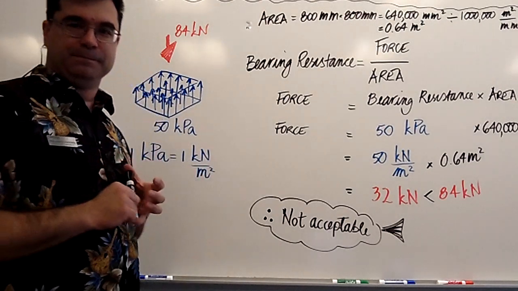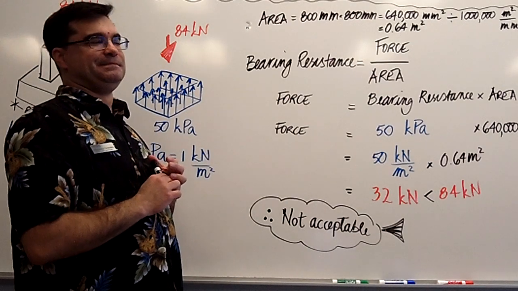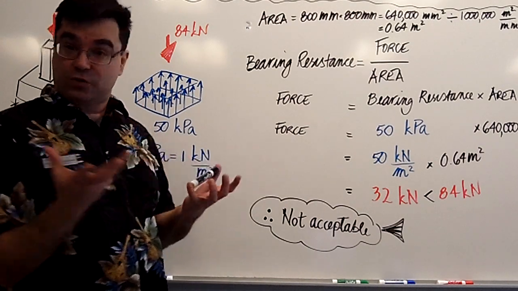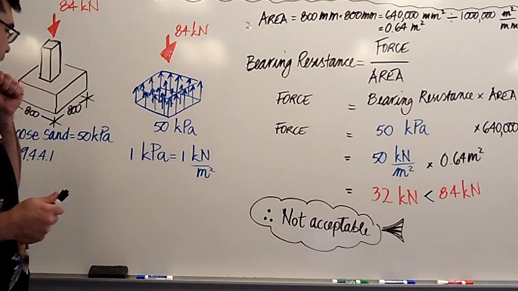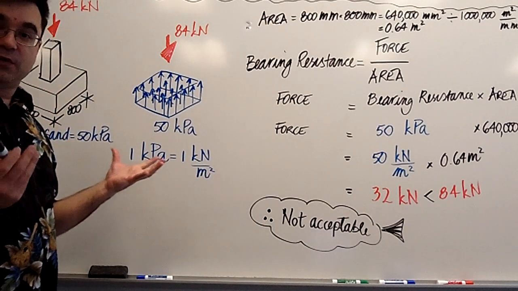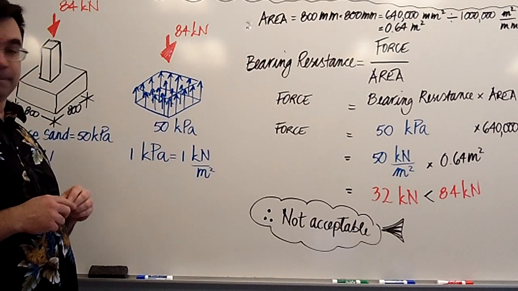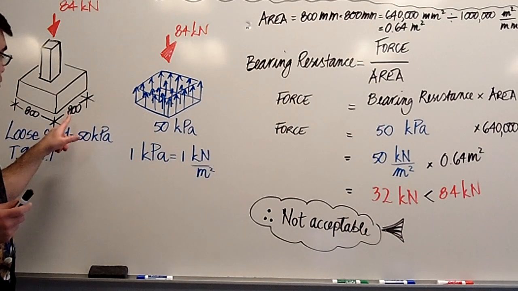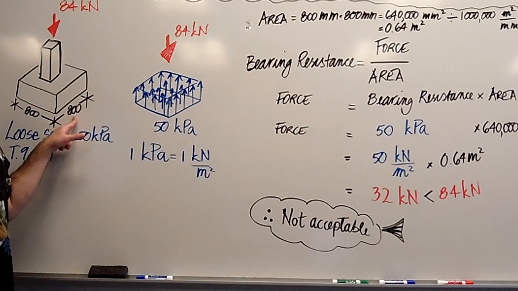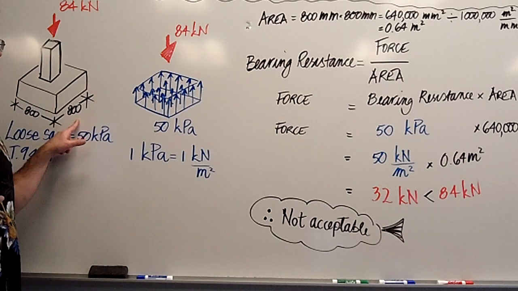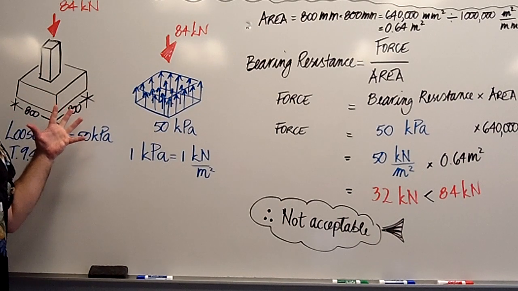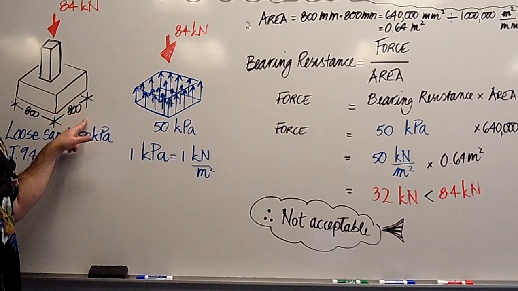This is extra. Okay? So if you're still here, here's what we could do about this. Well, there are a few variables that we have control over, right? In an ideal world, we could change the dimensions of this pad footing. Does that make sense? If we made the area bigger, well then this might work, right?